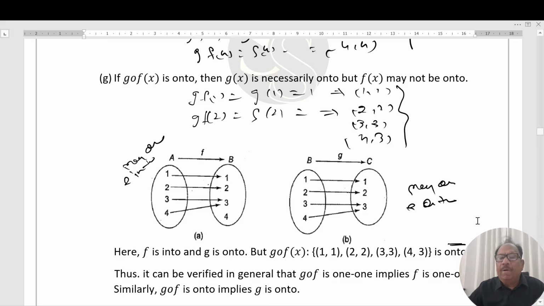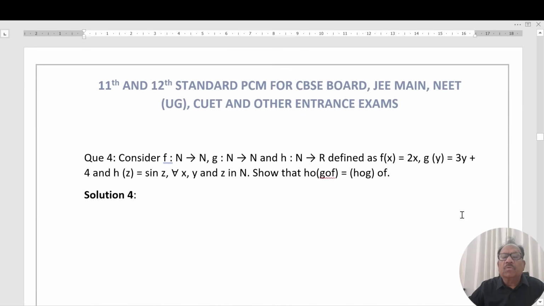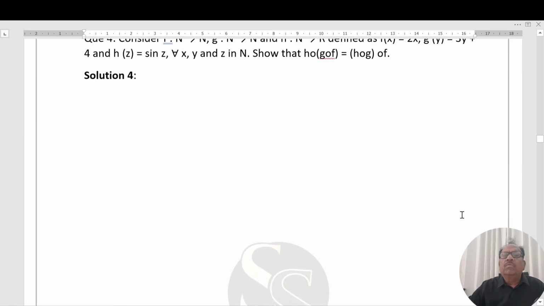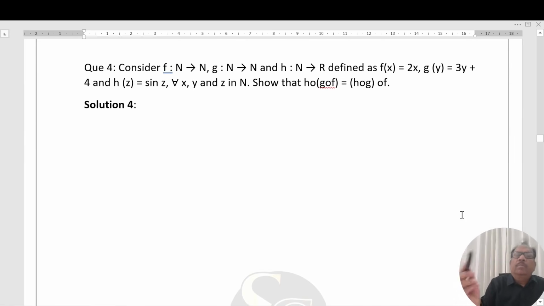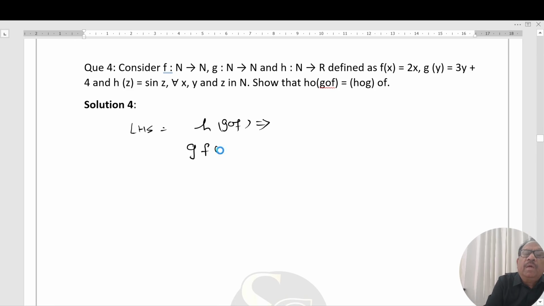Right? Now, let's start the question. We have to prove the property. We pick up the left hand side. Left hand side: h o (g o f). To find it out, first we find gf(x).